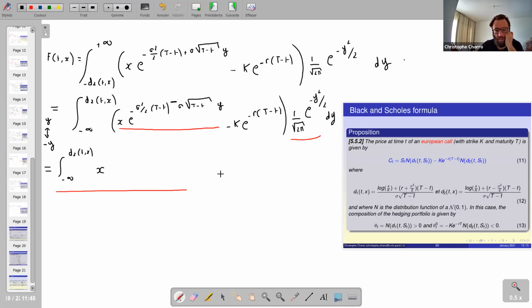And then I continue, and I have minus the other one, that is this one multiplied by this one, that is minus k exponential minus r (capital T minus t) times the integral from minus infinity to d2 of the density of my N(0,1).